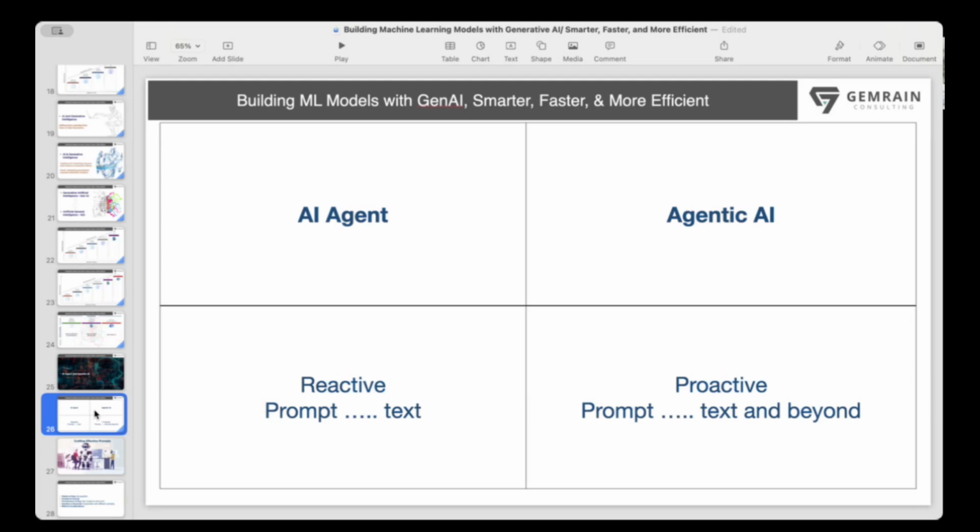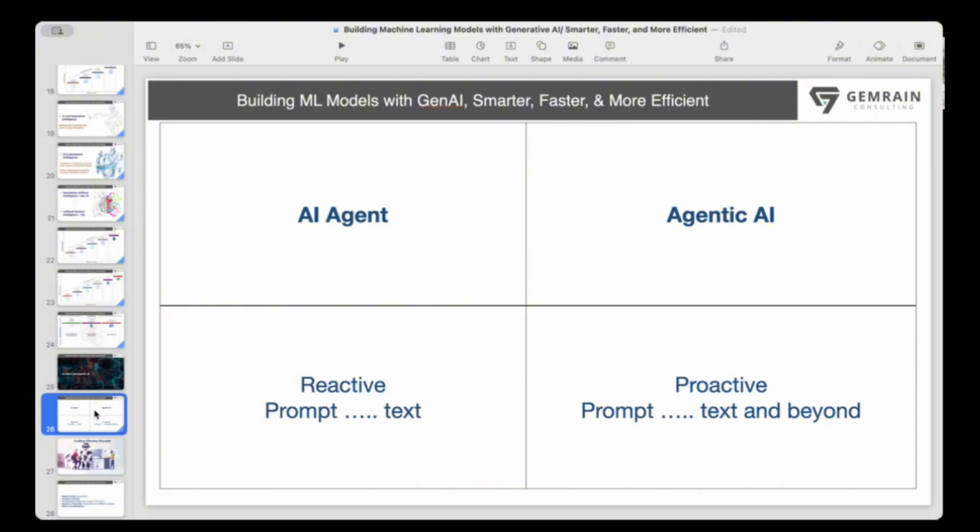If I'm going for a business trip, it may create slides about the topics that I'm going to present or discuss with the people I'm going to meet in Singapore. So you can see it's the answer and beyond.